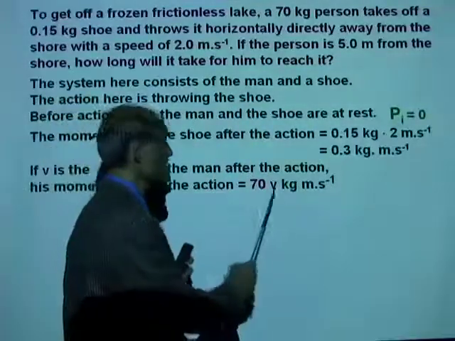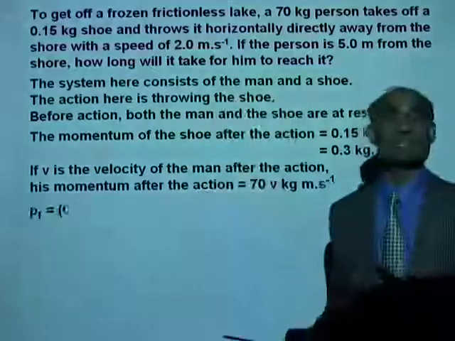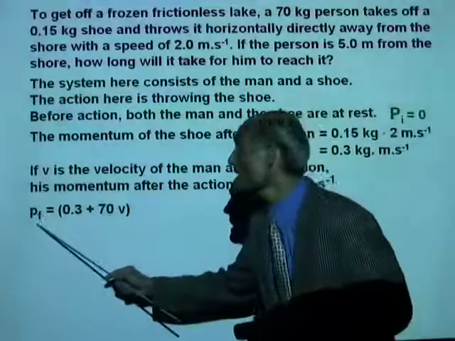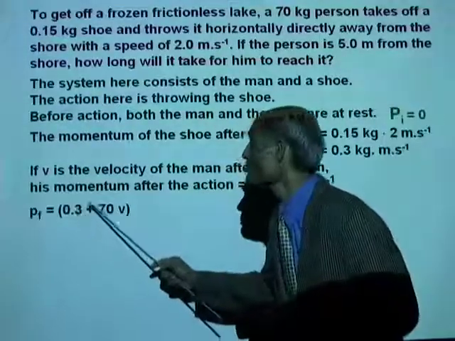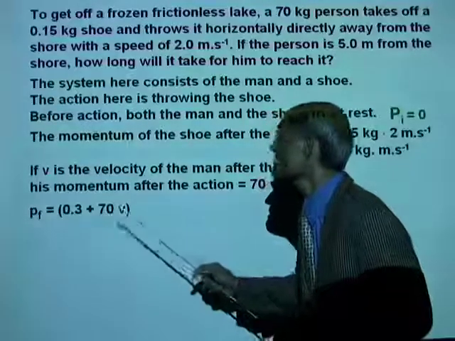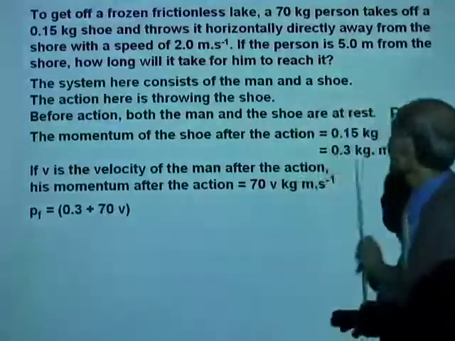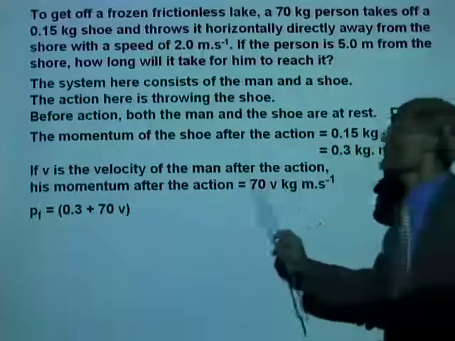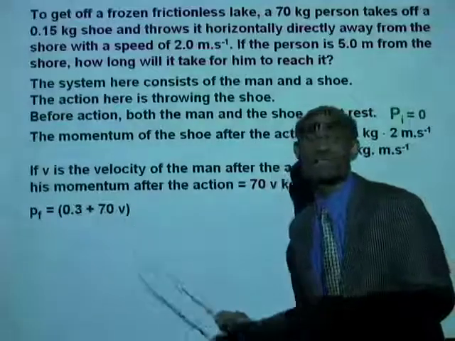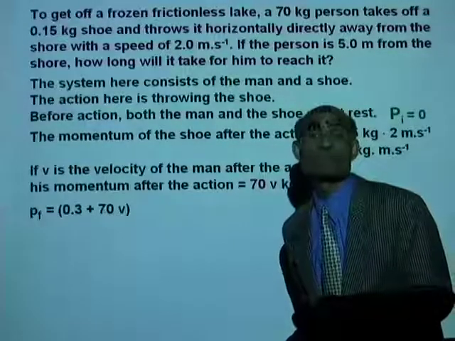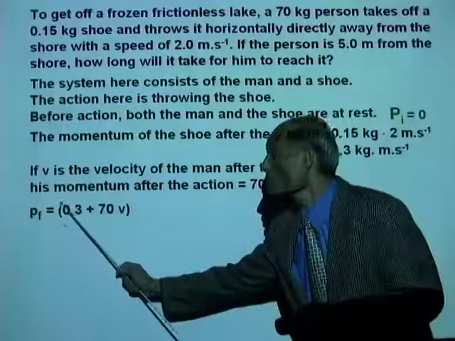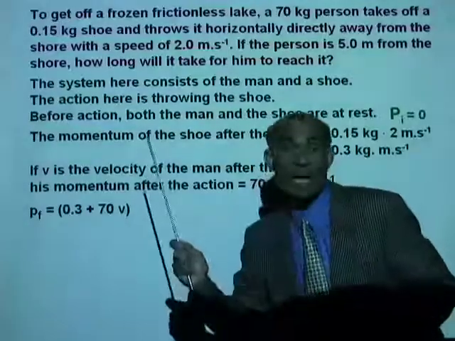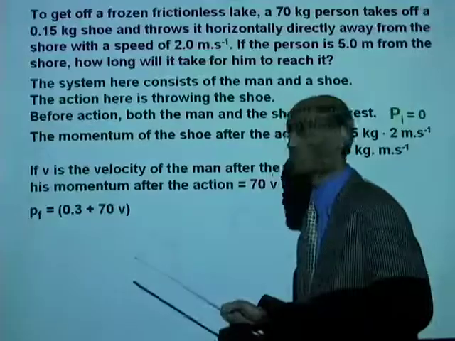That will be 70 V kilogram meter per second. So PF is 0.3 plus 70 V. 0.3 is the momentum of the shoe, and 70 V is the momentum of the man. So the total momentum after the action, after throwing, is this.